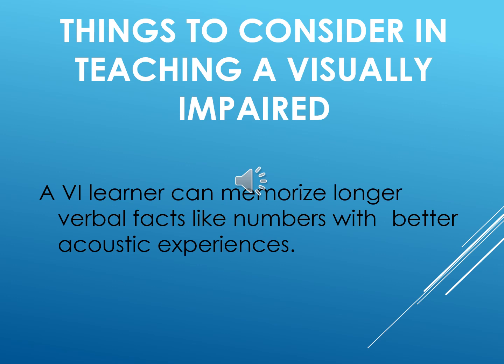No? So this can be a big help for our students who are visually impaired if they're able to recall concepts and theorems and also formulas and rules. No, so that is an advantage for them. So we need to consider this because this can also be a good way that we can facilitate the learning of our students with visual impairment.